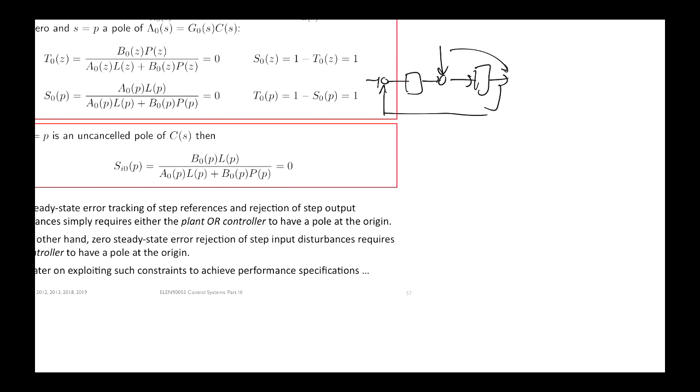So let's look at the error signal. We know that that's the output sensitivity function times the reference. Now, if we have an open loop pole at s equals 0, in the example that we just saw, that was achieved by putting a pole at s equals 0 into the controller. Then that's telling us S will be 0 at 0. If S is 0 at 0, S must have this form.